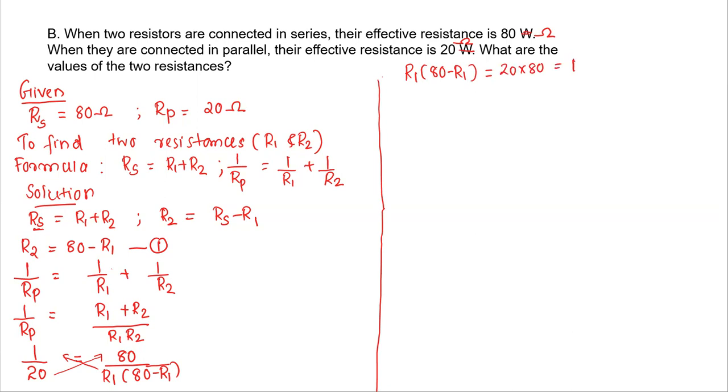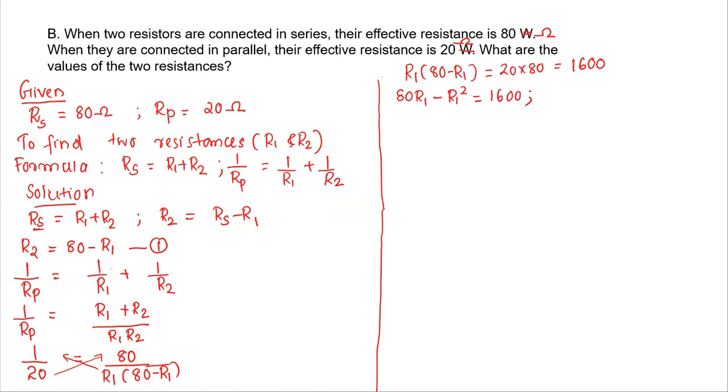What is 20 into 80? 8 2s are 16, then put 2 zeros, 1600. Now open the bracket: R1 into 80 is 80 R1, minus R1 into R1 is R1 square, is equal to 1600.